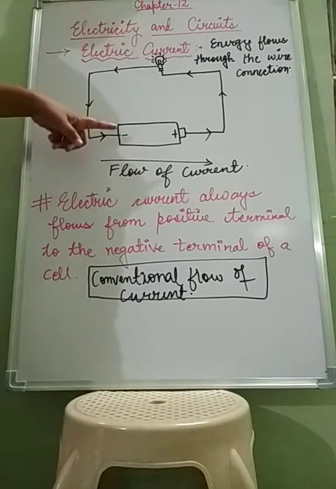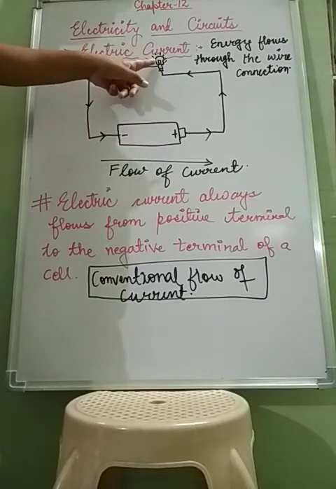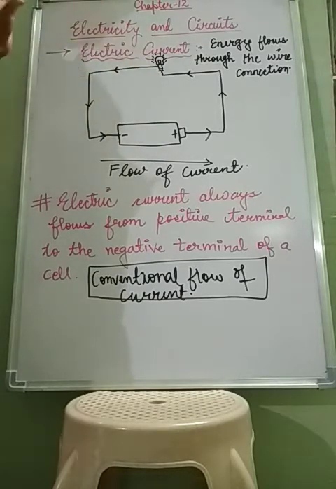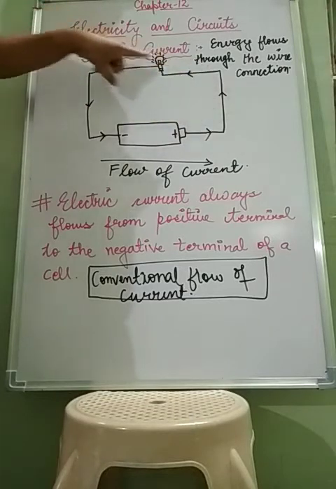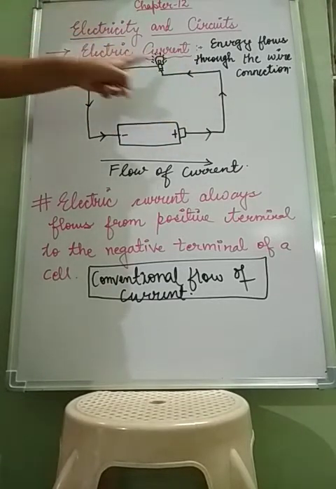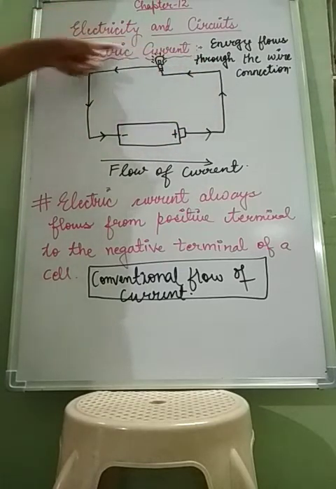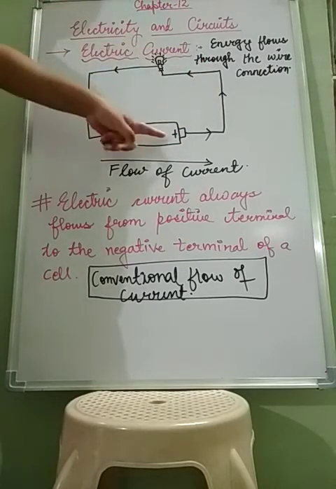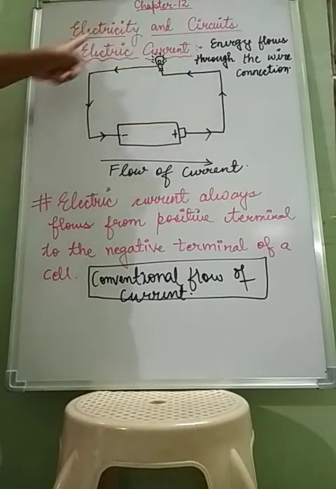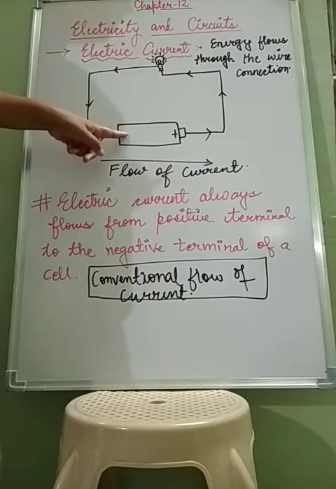Now students, don't think your bulb will glow if there is no connection further. No, the connection should be proper, the connection should be complete, then only this bulb will glow. This flow of current should be complete. If it is coming from the positive terminal, then it should again end up in the negative terminal.